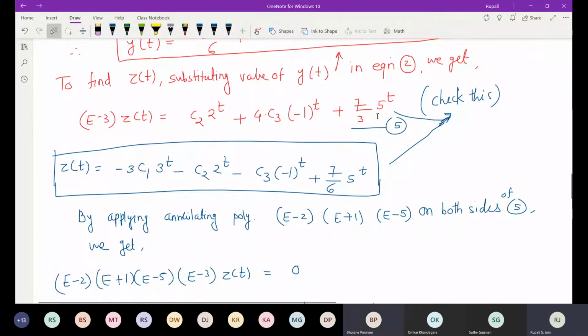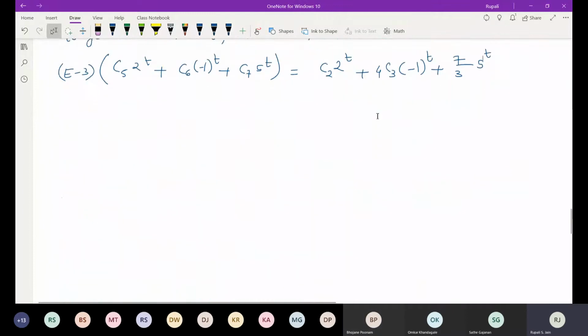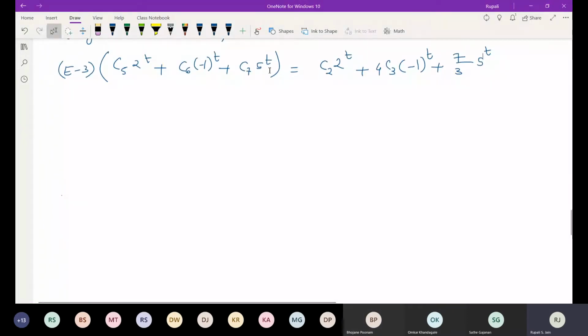Now you just apply e minus 3 for this. So can you apply this? C5 is an arbitrary constant.